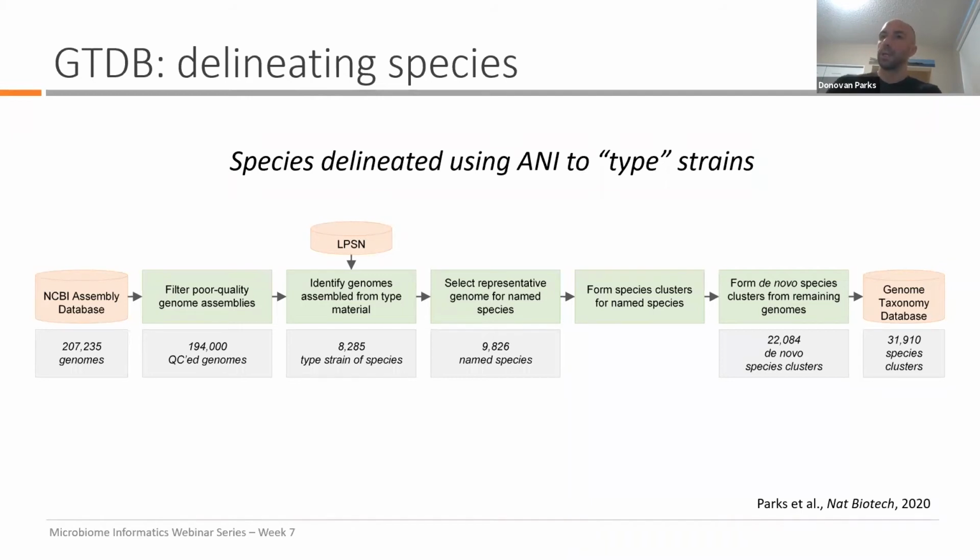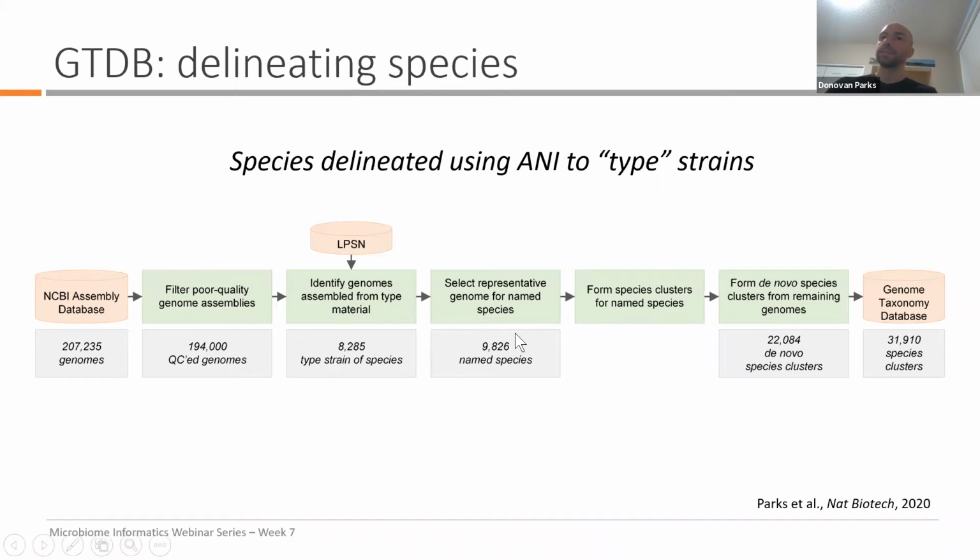This little flow chart illustrates at a high level what is done. We take genomes from the NCBI assembly database. We filter out poor quality genomes. These are generally genomes that we don't believe we can robustly put into a phylogenetic tree. We then identify which genomes are assembled from type material, and we do that by consulting LPSN.